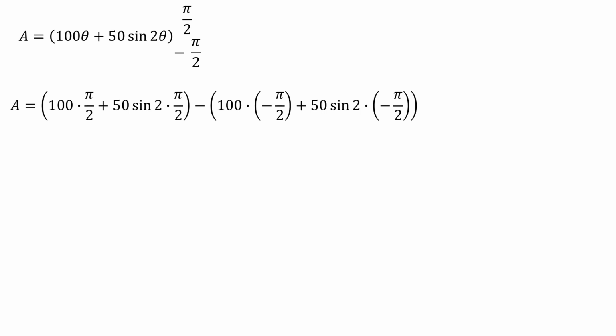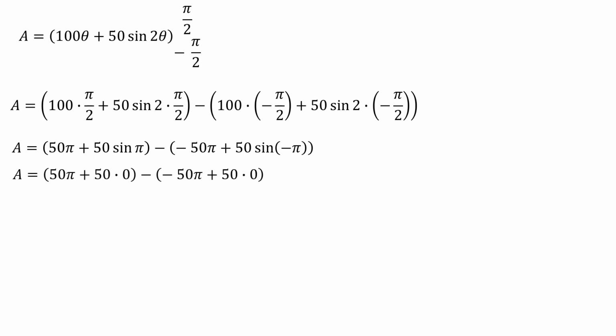First things first, I can do some basic fraction work: 100 times pi over 2 will be 50 pi, right? Half of 100 is 50. 2 times pi over 2 is just going to be pi. So there are a lot of fractions I was able to simplify there. Sine of pi is 0. Sine of negative pi is 0.